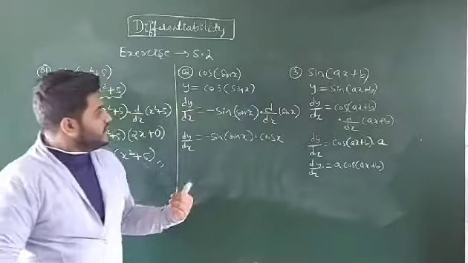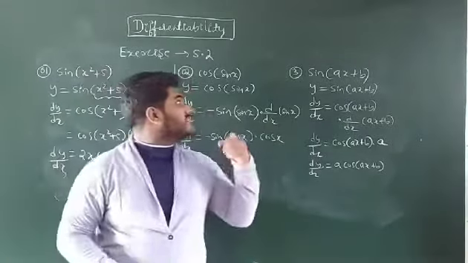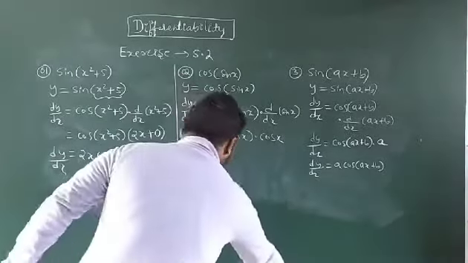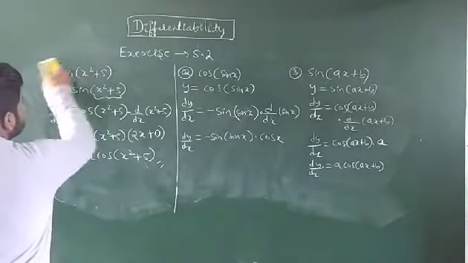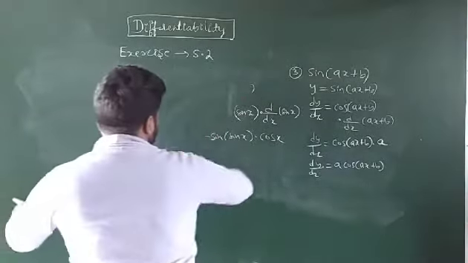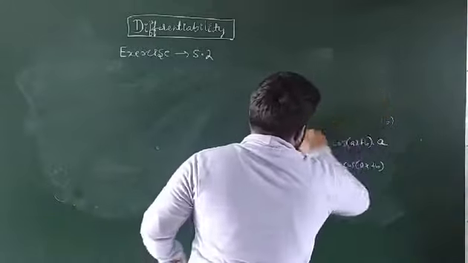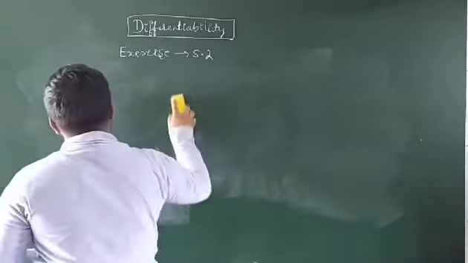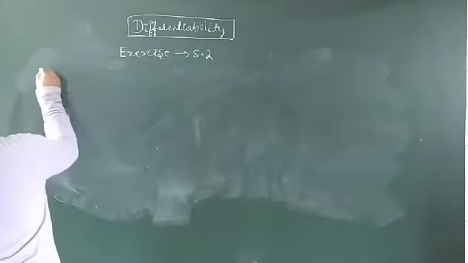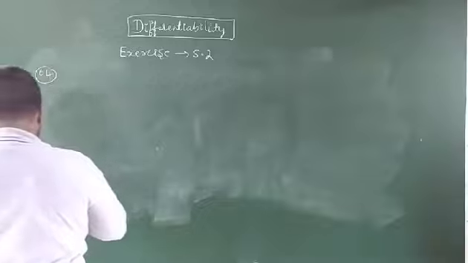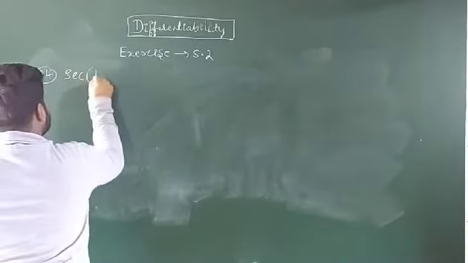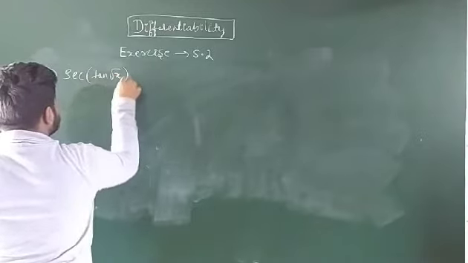I hope you understood. So these are the 3 problems from exercise 5.2. Now we will switch to the 4th example, number 4: sec of tan root x.